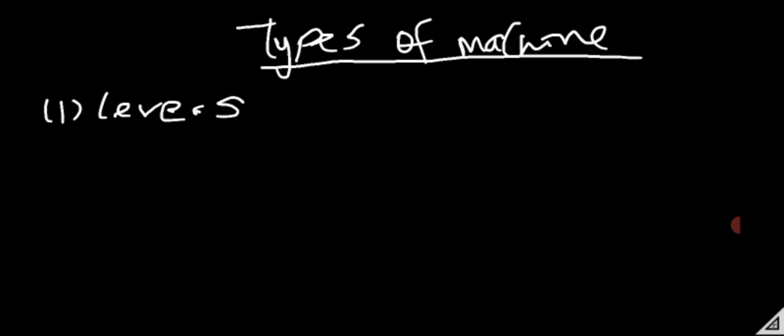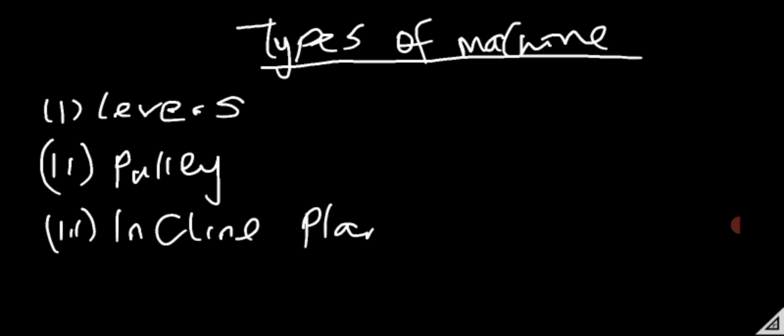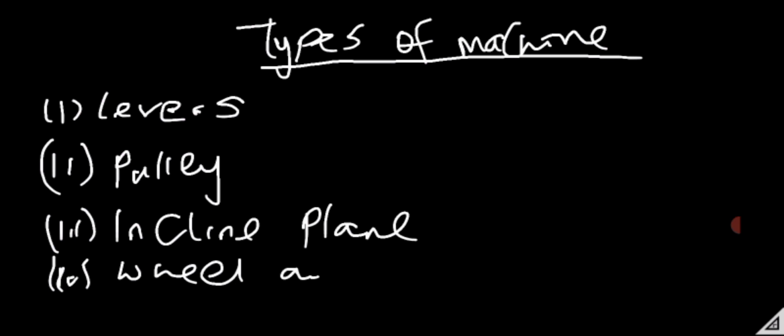Number two, we have the pulley. Number three, inclined plane. Number four, wheel and axle.